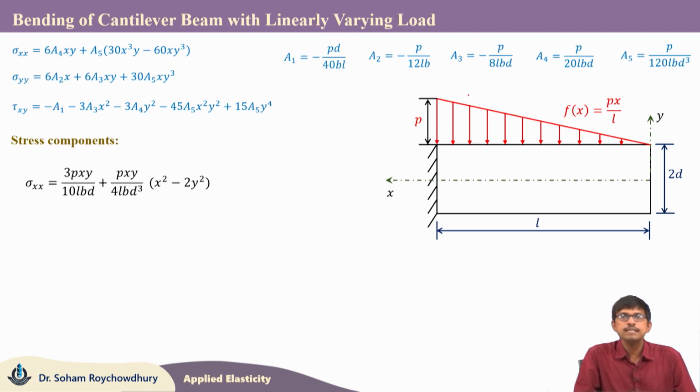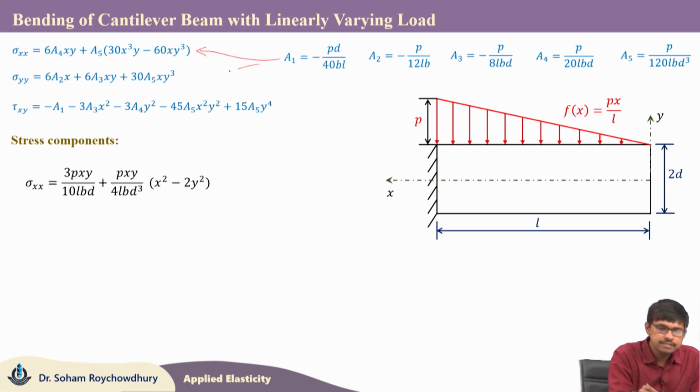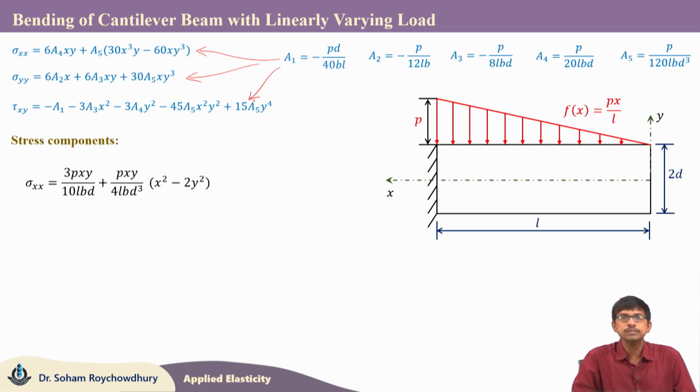Now, we replace all 5 constants a1, a2, a3, a4, a5, which we obtained in terms of the load intensity P, in sigma xx, sigma yy and tau xy. The expressions of the stress field are obtained like this.